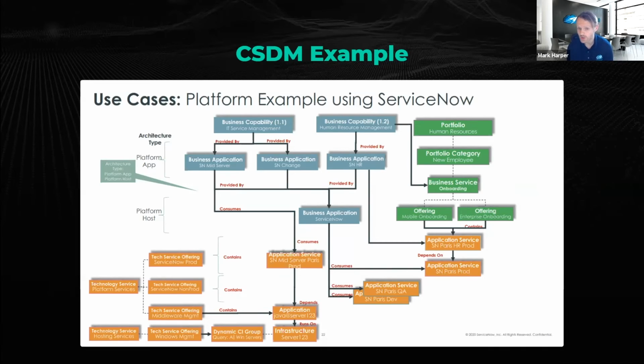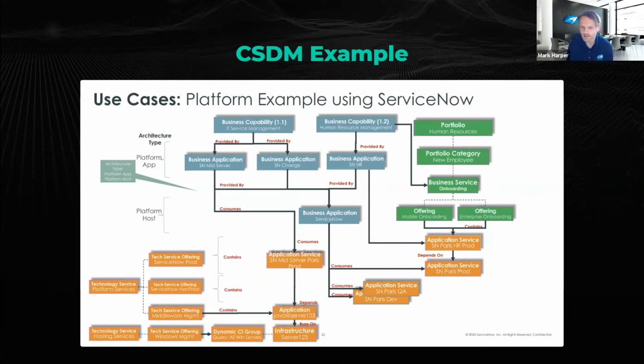And then each of the modules that are part of ServiceNow that we subscribe to and pay a lot of money for are separate business applications, defined as a platform app. Each of those platform app business applications should have an application service associated with it, and that is the operational stack or implementation of that business application.